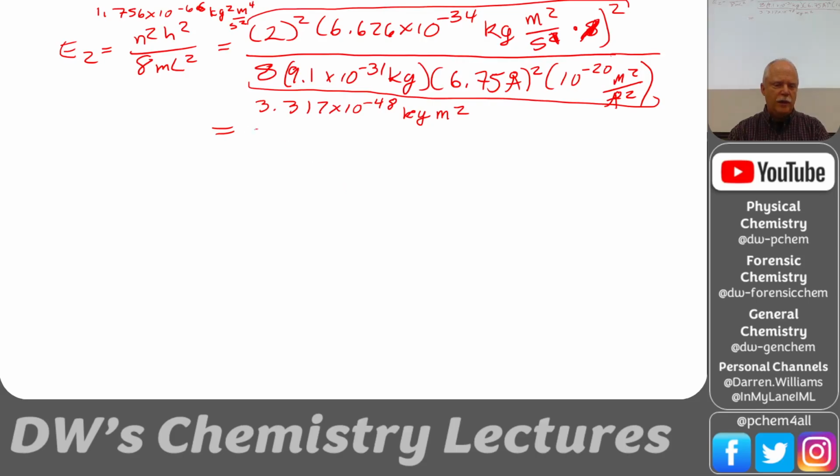So I get a really small energy, as you might imagine, 5.29 times 10 to the minus 19 joules.